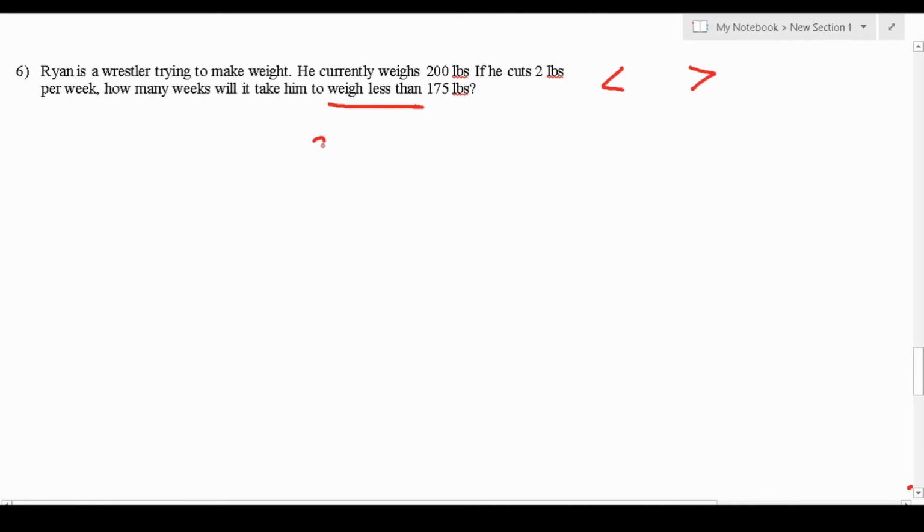So we have, he weighs 200 and he's cutting 2 pounds per week, and we'll call pounds P to represent pounds. So that's the right-hand side of the equation. Let's put a box here to figure out what inequality we're going to put in there. And again, he wants to weigh less than 175 pounds.